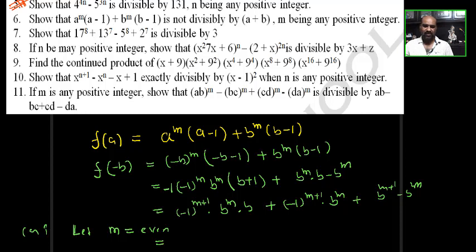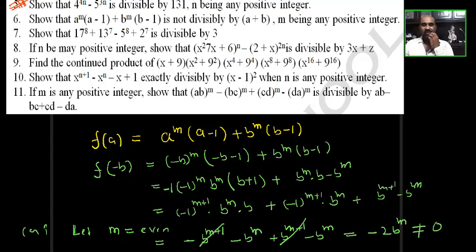In this case the first term becomes minus: m is even plus 1 odd, so we get minus b power m into (b plus 1), plus b power (m plus 1) minus b power m. These two get cancelled. So what will we get? Minus 2 times b power m, which is not equal to 0. What is the meaning of that? If m is even, a plus b is not a factor of f of a. Let it be result number 1.